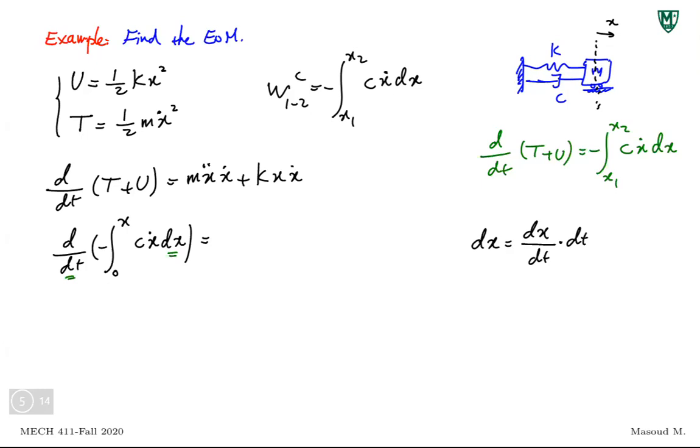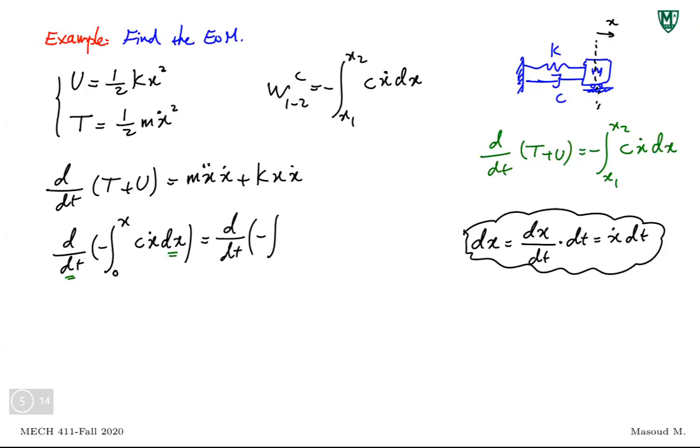It's a small mathematical trick. dx/dt is x dot, so this becomes x dot dt. This is the key to how I deal with that integral. Now, since I'm changing the integral, let me write it first. So d/dt of minus the integral of c, instead of dx I put x dot dt, so this becomes x dot squared dt.